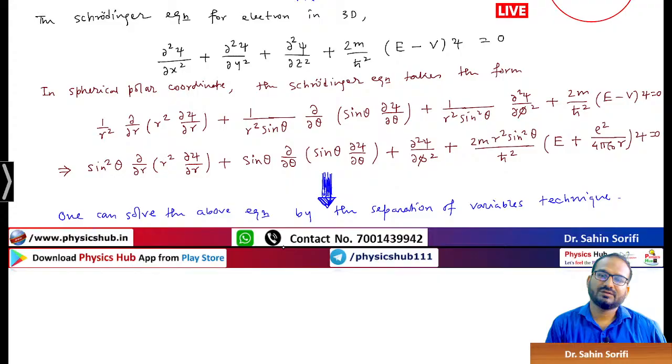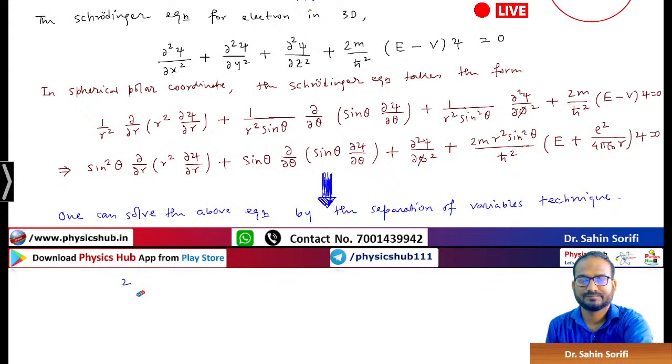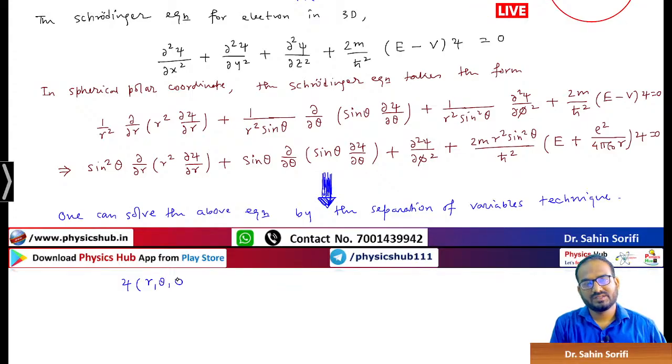So obviously the solution will be psi. Now psi is a function of r, theta and phi. This is the solution of this equation.